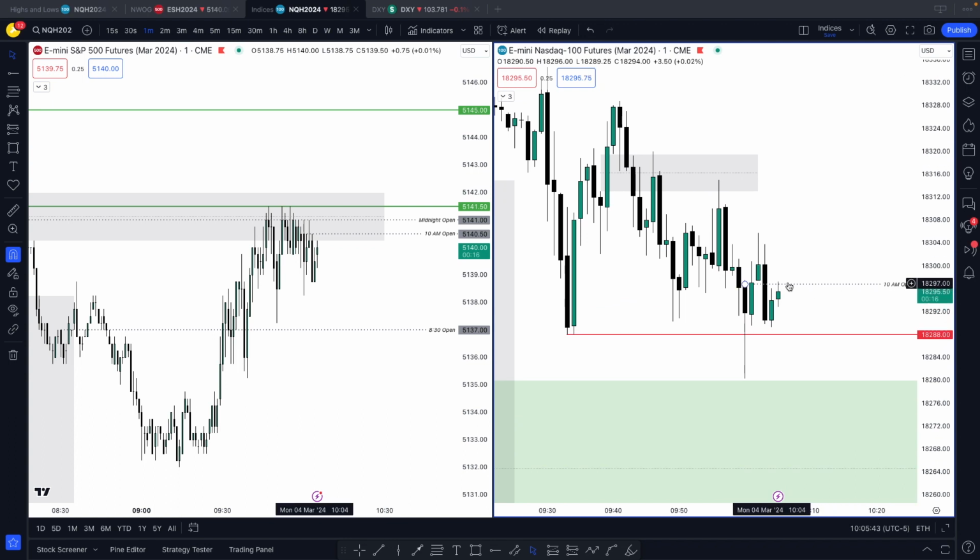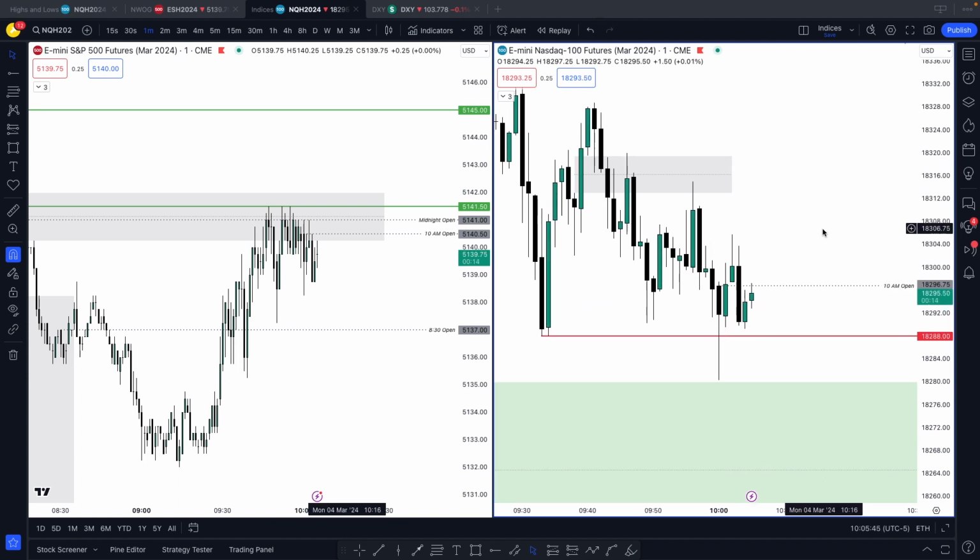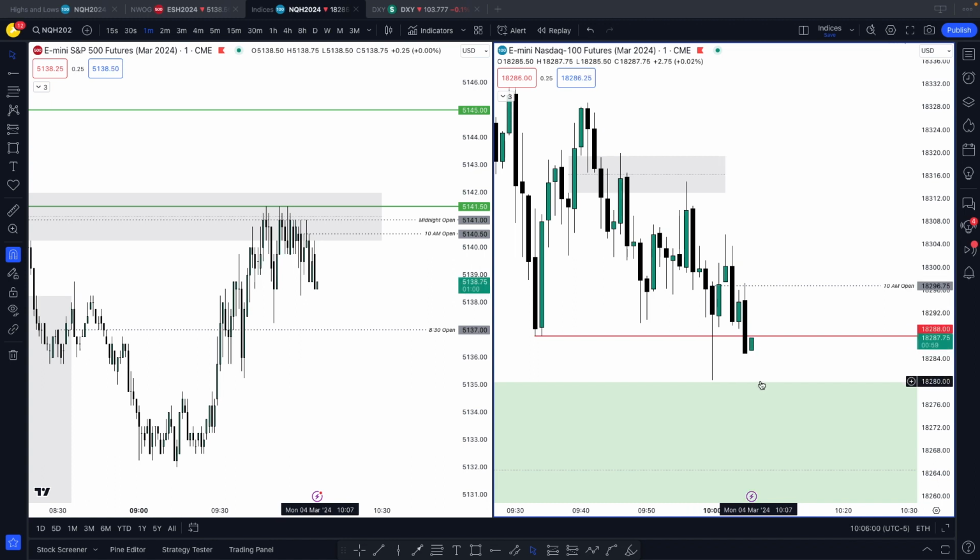See, now we're back below the 10 a.m. opening price. And if we're going to go lower, then we can utilize that to trade down toward here. So you can be short from there in that SIBI and take it down to here, the hourly BISI high.